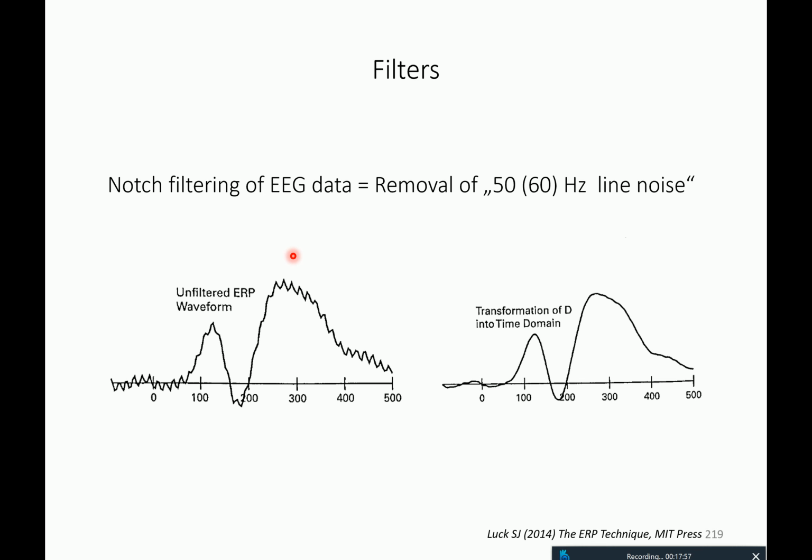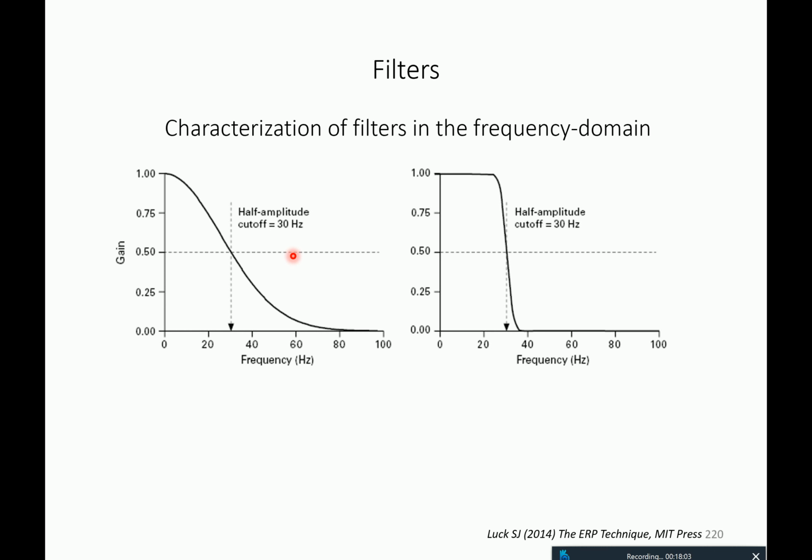We've seen this. And then one can talk about the characterization of filters in the frequency domain, trying to quantify, basically give some numbers that characterize such a filter function. For example, the half amplitude cutoff.